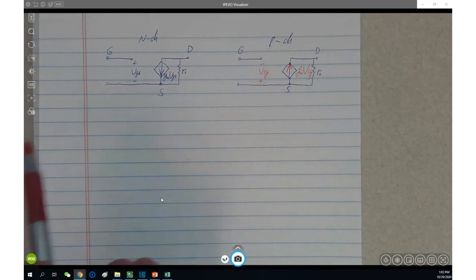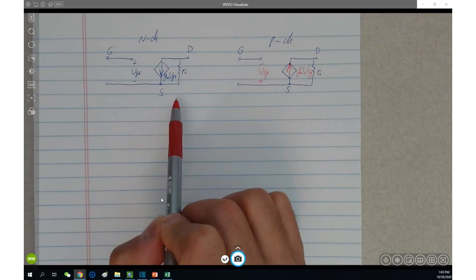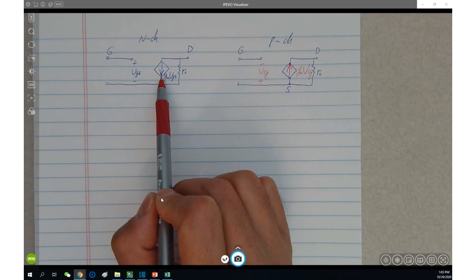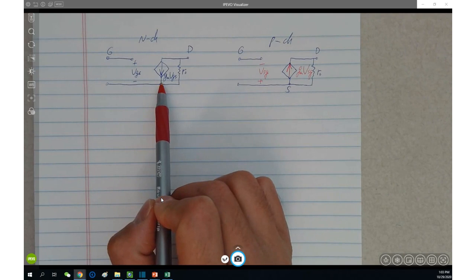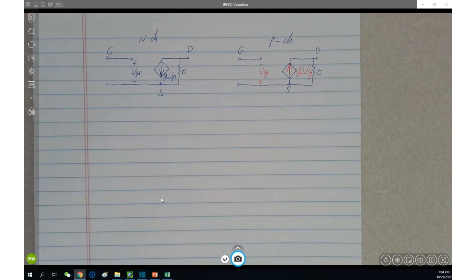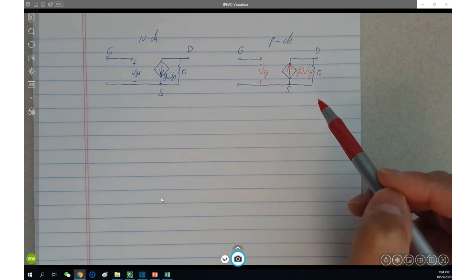Okay. For the N channel, we have G, D, S in this layout, and we are seeing VGS. We are seeing a dependent current source from drain towards source, so downwards. We also have an output resistor. And for the P channel, the difference I'm emphasizing by the red color.